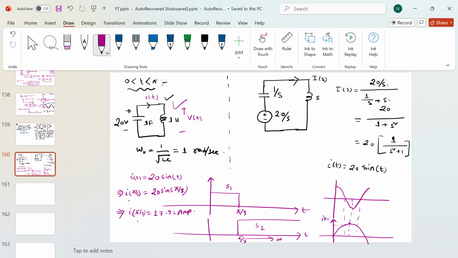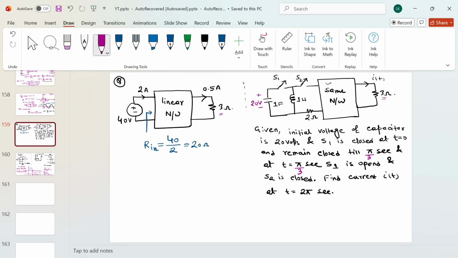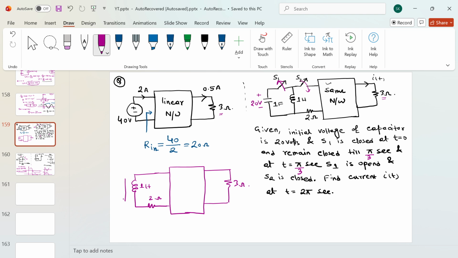Now my current has an initial current of 17.32, and if I open this particular switch and close this particular switch, the equivalent circuit will look like this: this is my inductor, this is my resistance of 2 ohm, this is the linear network, and this is my 3 ohm, 2 ohm, 1 Henry, and it has some initial current, let's say I of pi by 3.